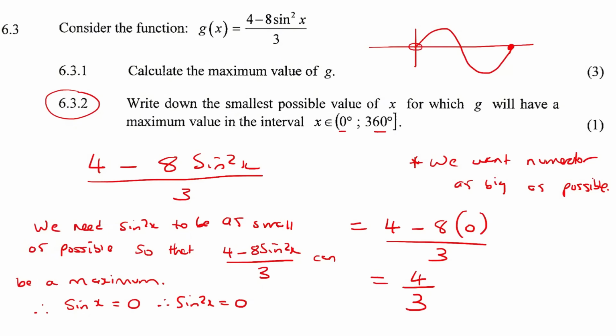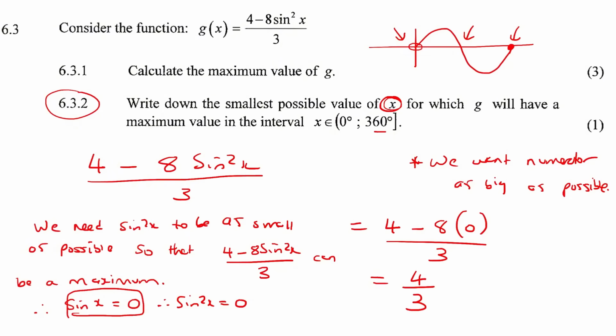So what is the smallest x value so that this expression will have a maximum? Well, we said that for this expression to have a maximum, sin x must be 0. So sin x is 0 there, but you're not allowed to include it, so this would obviously be the smallest x value that you would ever get, which is just 0, but we're not allowed to use that because they said 0 is not included.